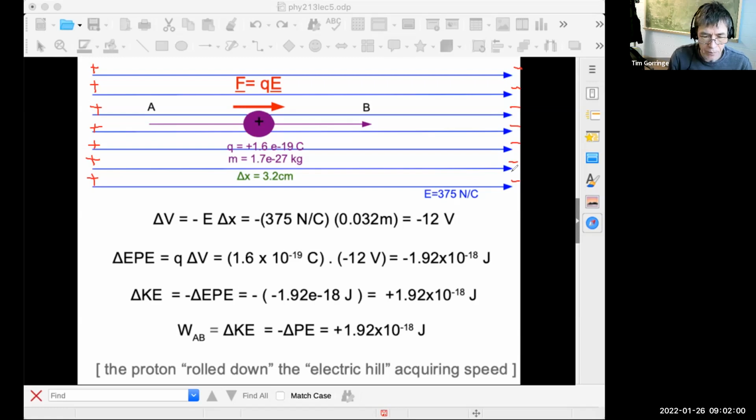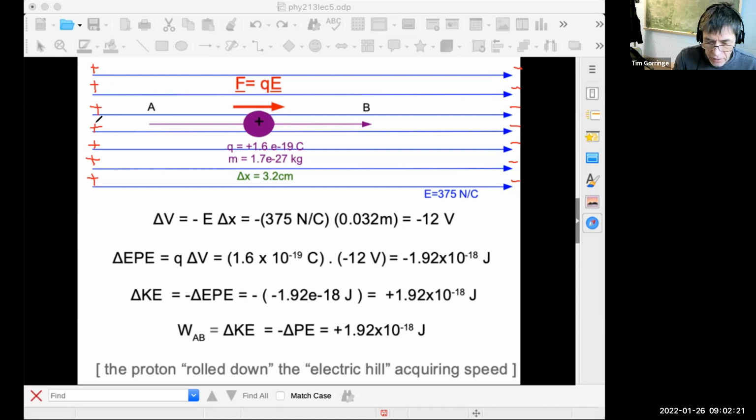See, the proton is a positive charge. And so, for example, that proton will be attracted towards the negative charges on the right-hand side, repelled from the positive charges on the left-hand side.